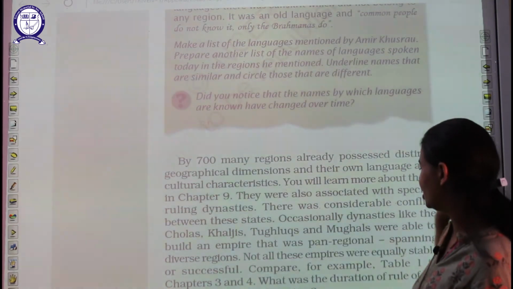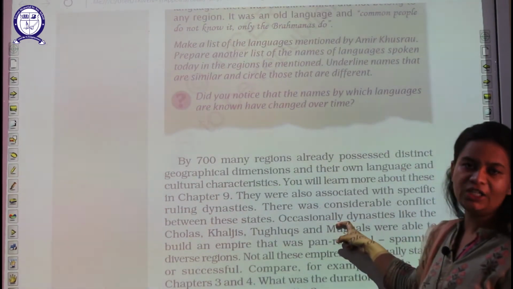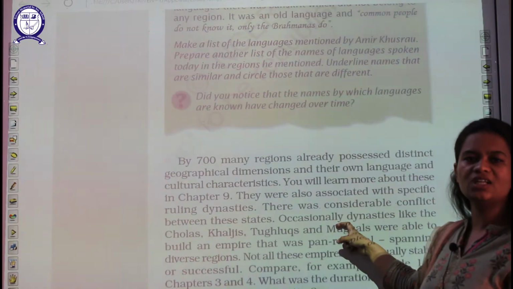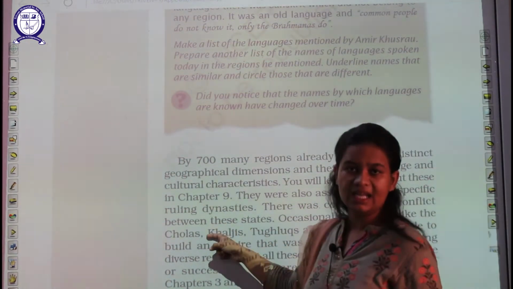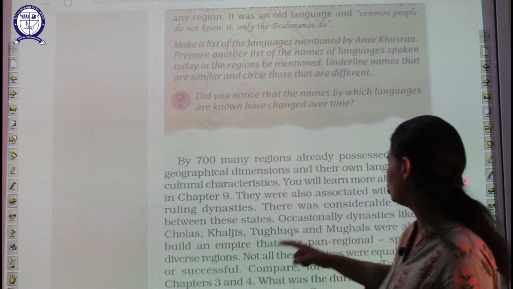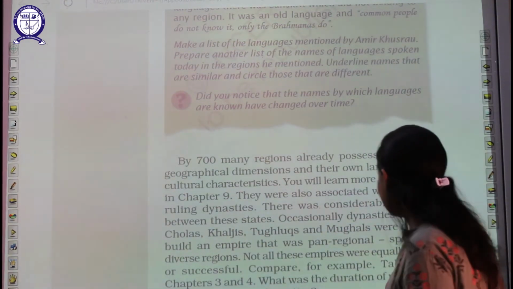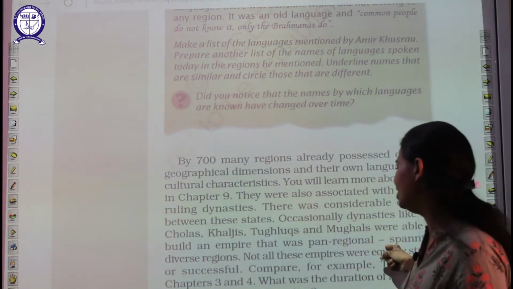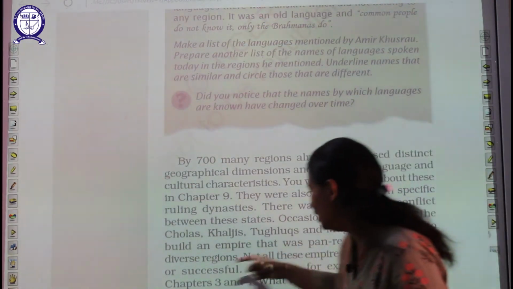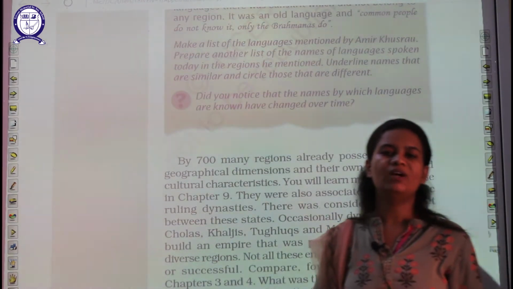Now what is mentioned here, occasionally. What do you mean by occasionally? Occasionally means on a particular occasion, various dynasties like Cholas, Khaljis, Tughlaqs, Mughals were able to build an empire that was pan-regional, spanning diverse regions. What does that mean?